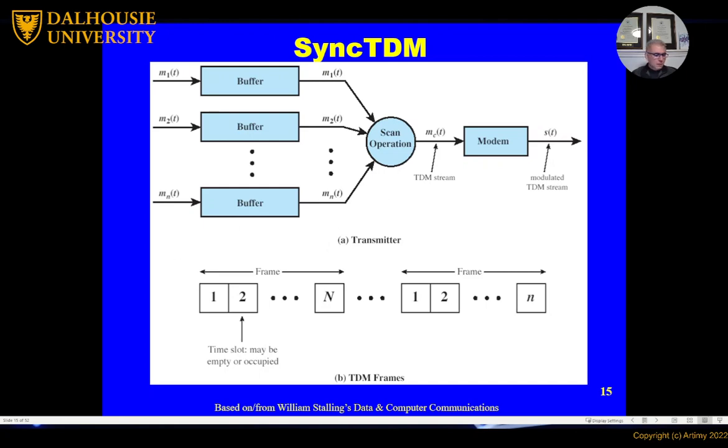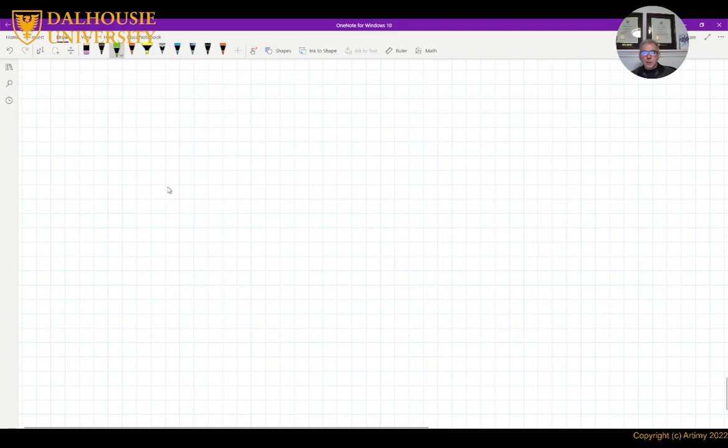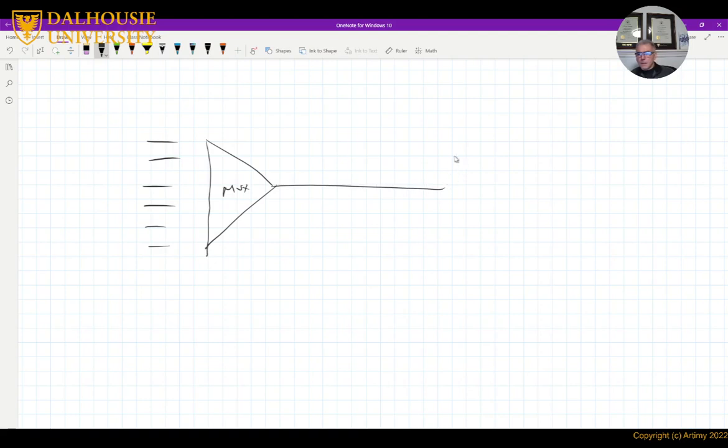I can simply say, okay, I have these 6 channels again. Here is my multiplexer, and this is the channel, and this is the demultiplexer.